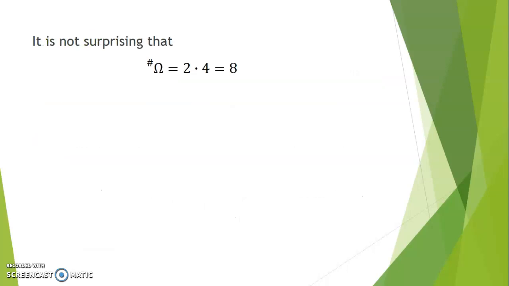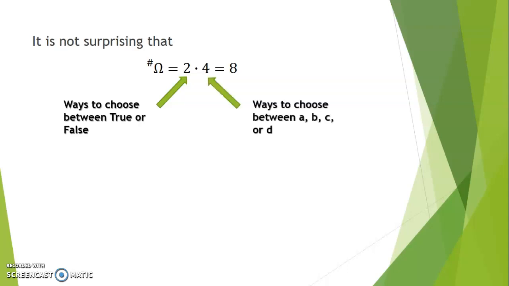It's not surprising that the list of elements in the sample space is equal to 8 because 2 is the number of ways to choose between the options true or false. 4 is the number of options that you have when considering A, B, C, or D. And because your selections take place within two categories, the first question and the second, then the multiplication principle applies. So 2 times 4 is 8.